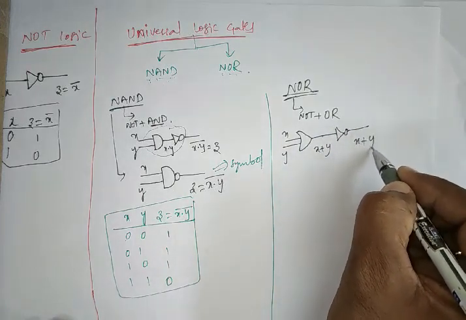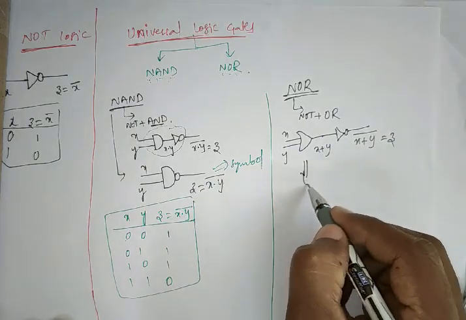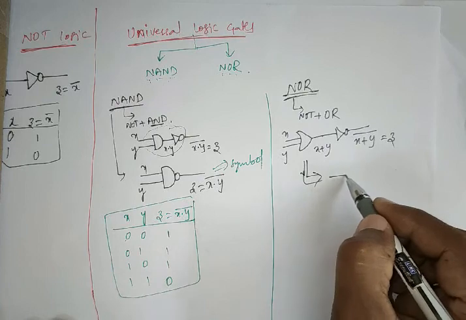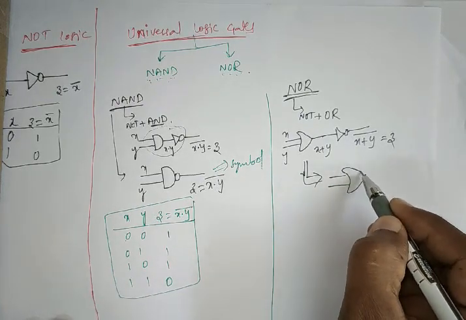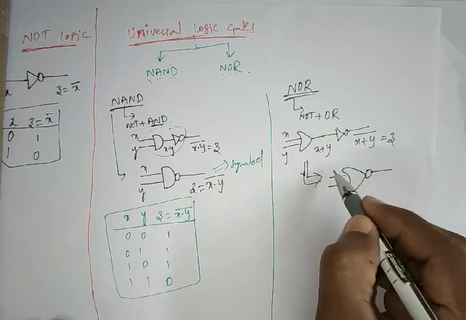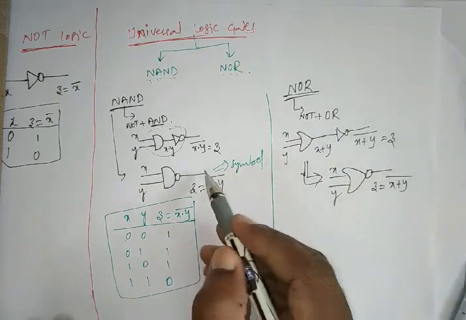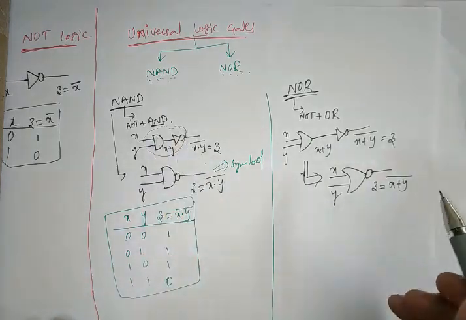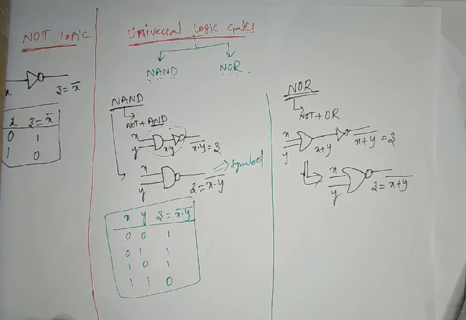Here is x plus y whole bar, that z is the output. Okay. Instead of this, just I am designing only simple circuit, NOR gate, x y, that z is equal to x plus y whole bar. X into y whole bar is a NAND, x plus y whole bar is a NOR gate. Okay. That is a symbol representation.